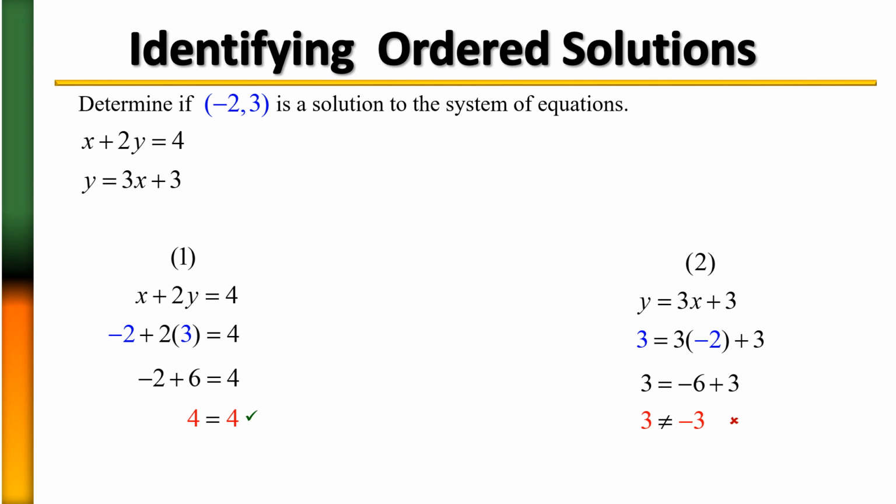And since equation number 2 gave me a false statement, we can conclude that the ordered pair (-2, 3) is not a solution to this system of equations. Remember, to be a solution, it must be a true statement for both equations.